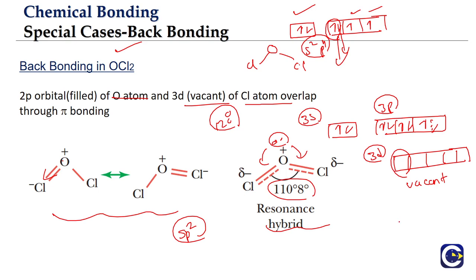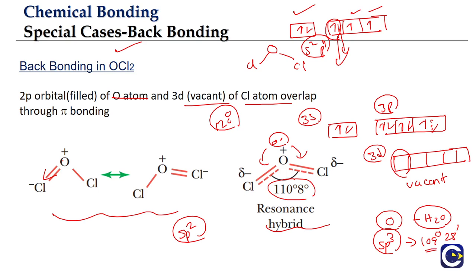So generally the oxygen in water, in H2O, what is the hybridization? It will be undergoing sp3 hybridization, correct? sp3 hybridization means the tetrahedral bond angle is what? 109 degrees 28 minutes, correct? But here what do we see? We will see that the bond angle is actually higher, more than 109.